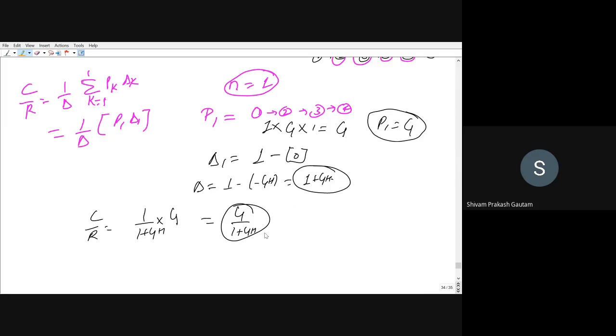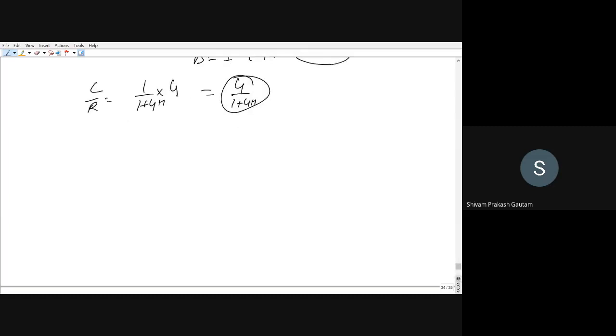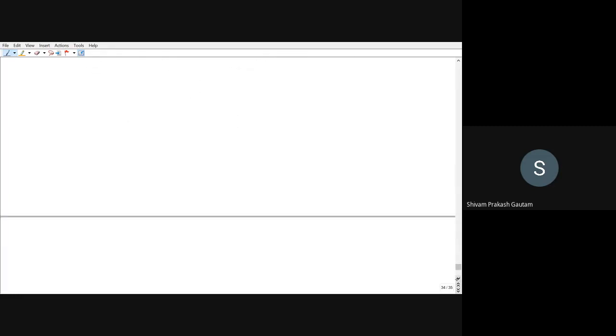So we will take another example. I will first draw the block diagram, then we will draw its respective signal flow graph, and then we will calculate the transfer function.